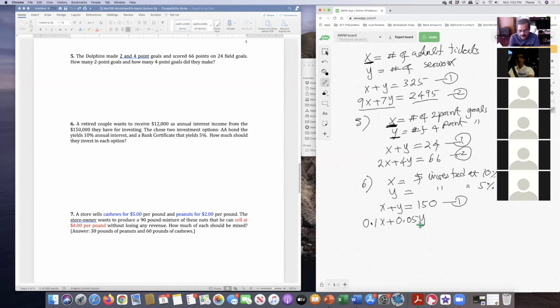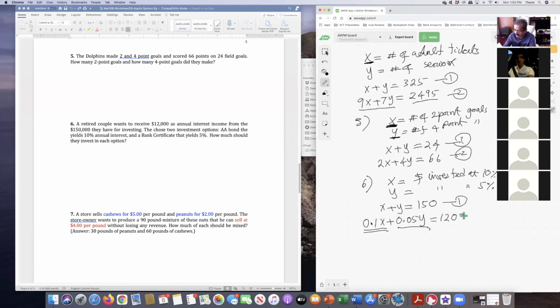The first investment is X dollars, second investment is Y dollars. So 0.10x is the income earned from the first one, right? And 0.05 times Y is the income earned from the second one. Don't put 150 minus X here. Equals 12,000. And then we can use the substitution technique. I'm sorry?